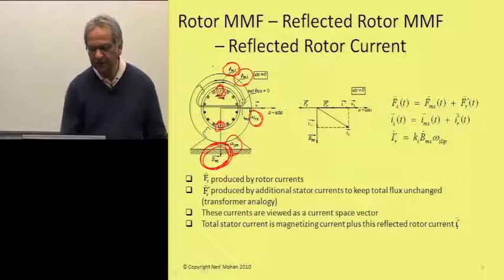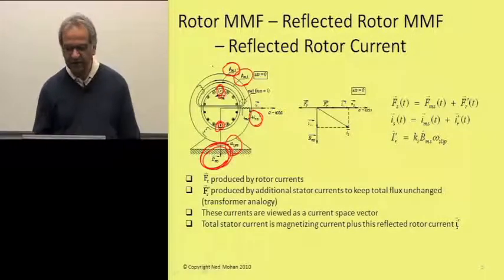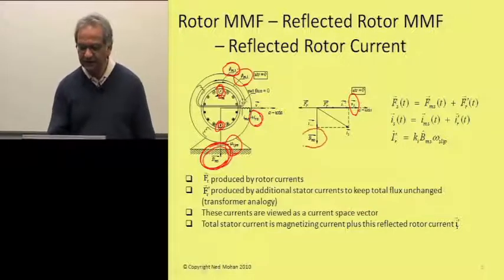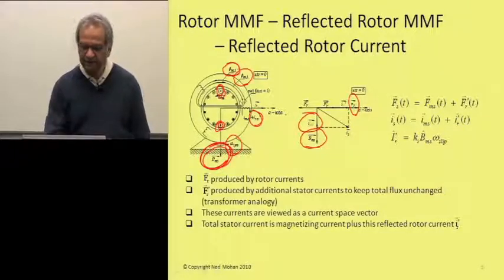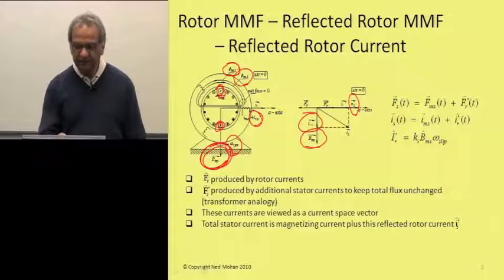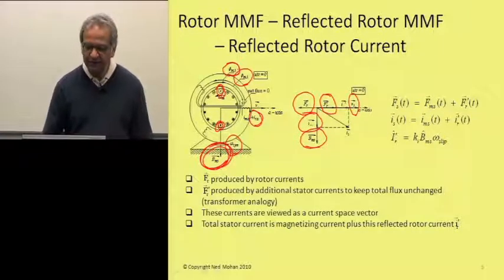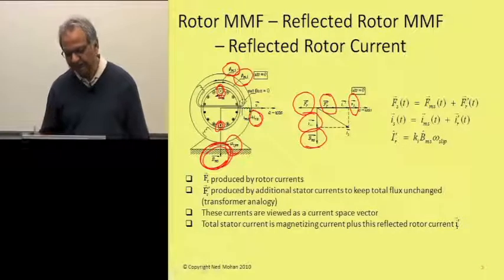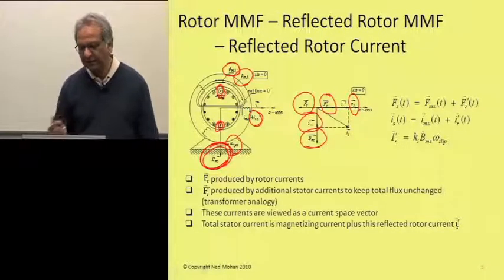So we can represent all this by a space vector diagram. We have this at some time 0. Let's say voltage A is peaking, so Vs is along the A axis. The flux density space vector is over here. The magnetizing current space vector is over here. The MMF produced by the rotor bar currents is shown here, which is nullified by an equal and opposite MMF due to the additional currents drawn from the stator, which we'll call Fr prime.